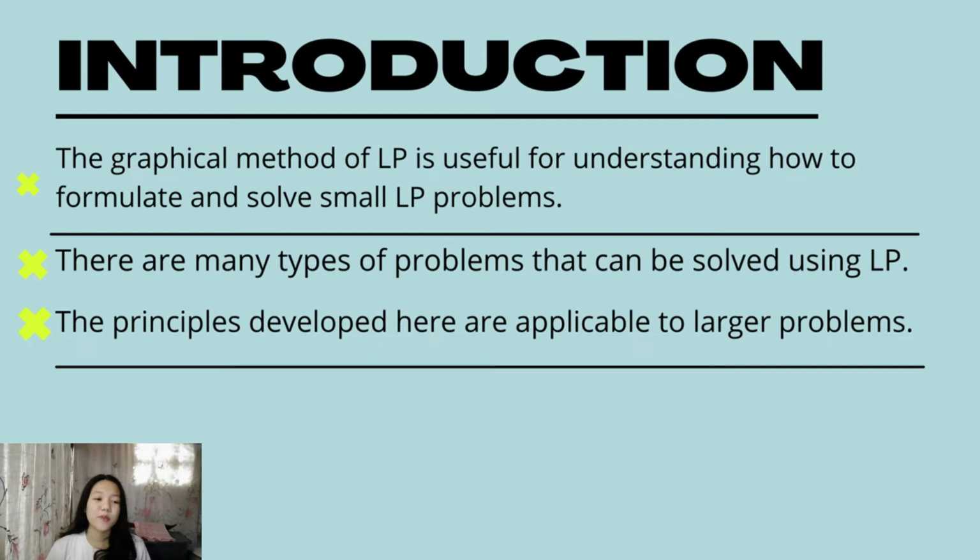Okay, so here in the introduction, we know that it is beneficial to understand how to create and solve small linear programming issues using the graphical method of linear programming, of course, taught in the previous chapter by the previous reporter. Now in this chapter, the objective is to take things further and to demonstrate how linear programming may be used to simulate a huge variety of real-world issues in general.